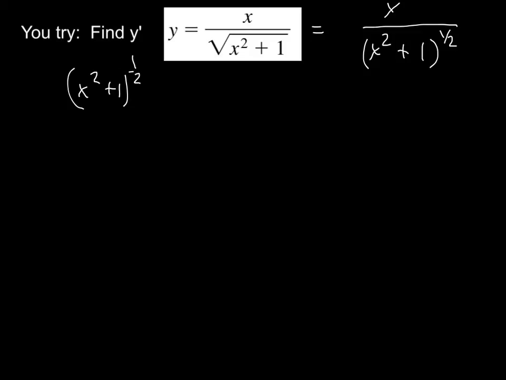D high would be 1 minus high d low. Okay, so we need to do 1/2 in front. 1/2 goes in front. Okay, leave the inside alone. X squared plus 1. Okay, and then take the power down by 1. So 1/2 minus 1 is negative 1/2.